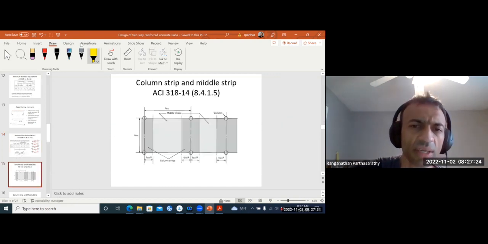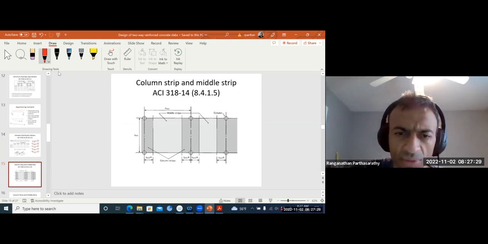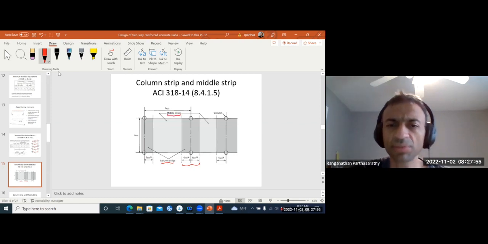So this is analyzed as divided into two types. One is column strips, that is the region that is closer to the columns, or specifically 1/4 of the shorter span from either direction of the column center line. So this is defined as what we call column strip. And in between the column strips, what you have is known as middle strips.